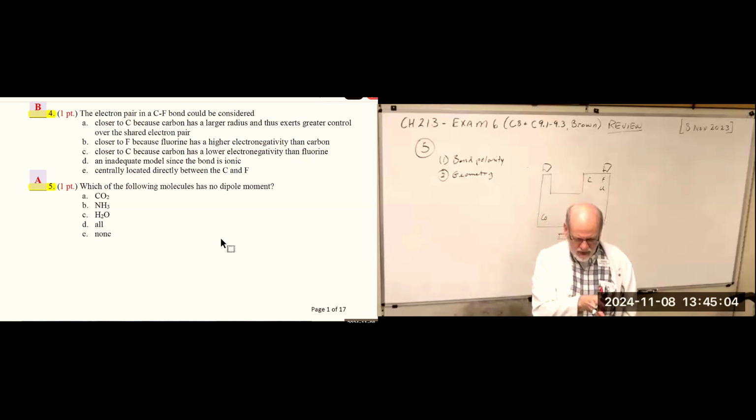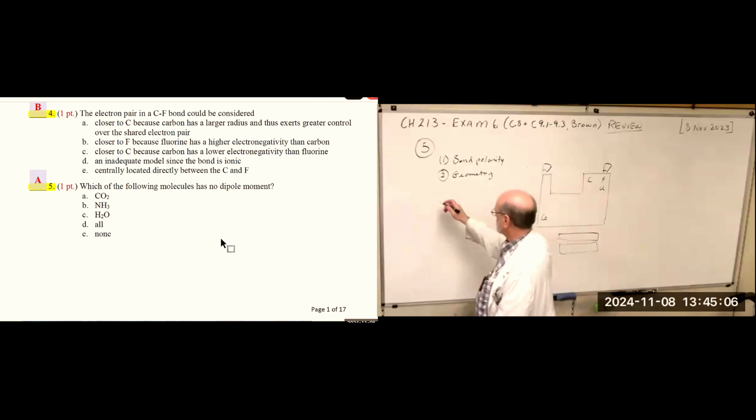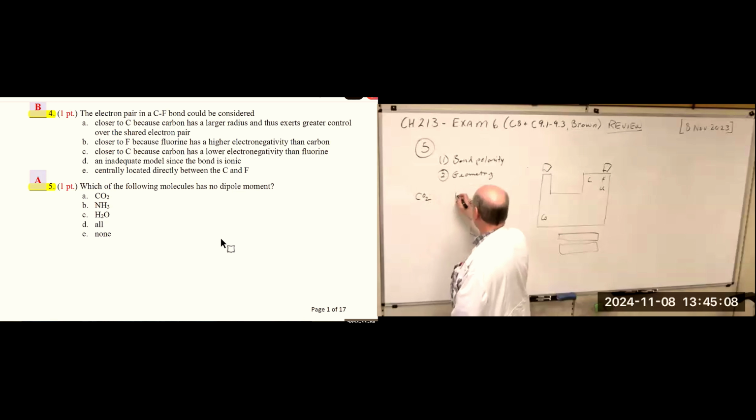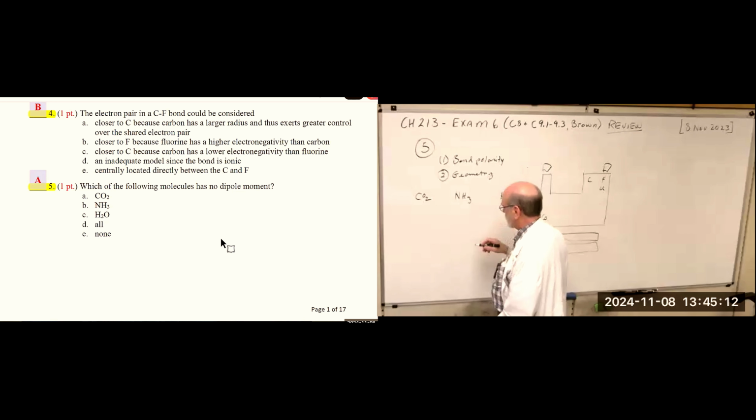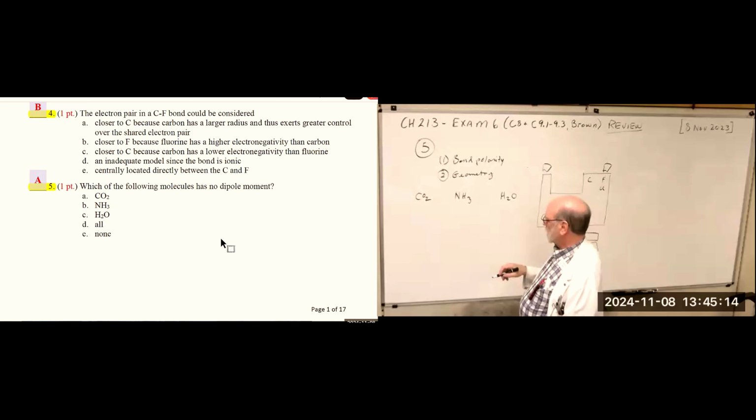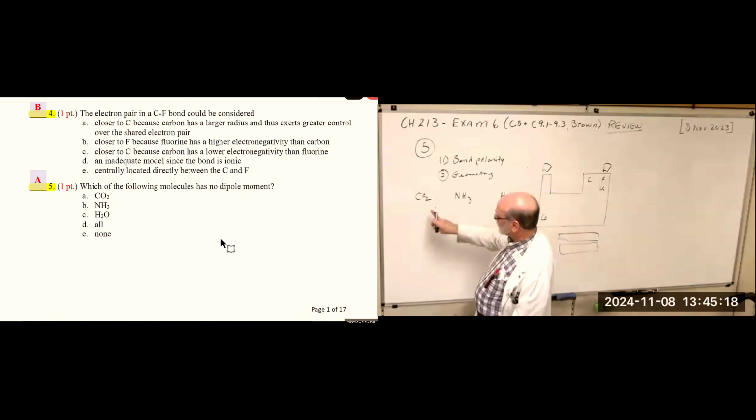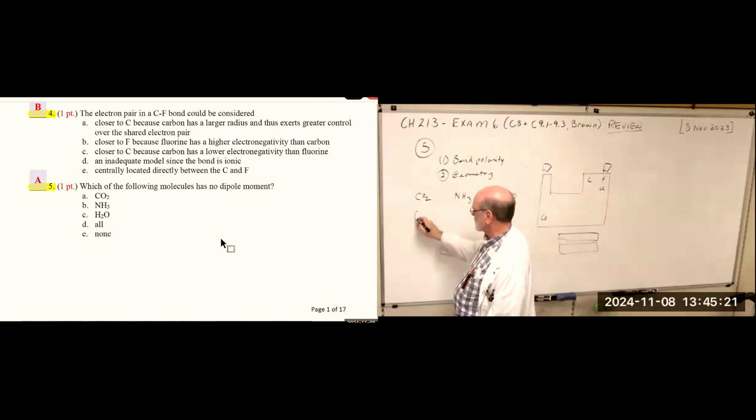So if we look at those three molecules, CO2, ammonia, and water, the bonds in CO2 are between carbon and oxygen.